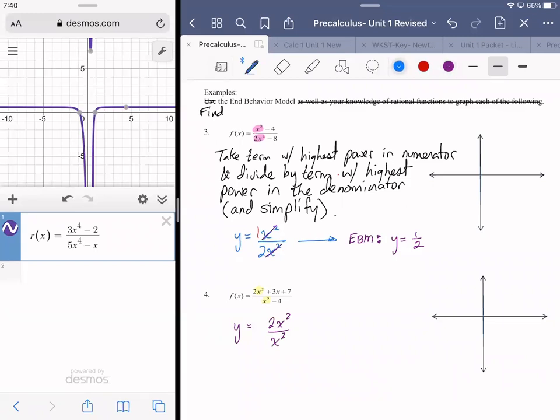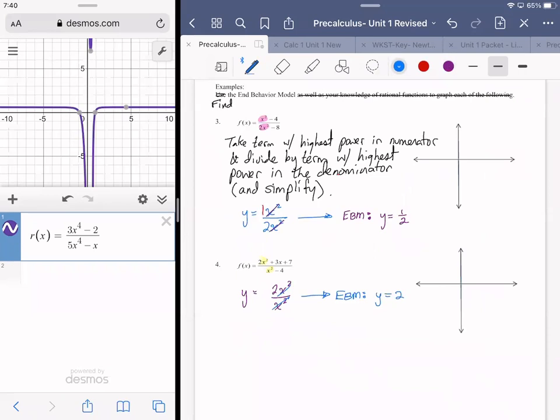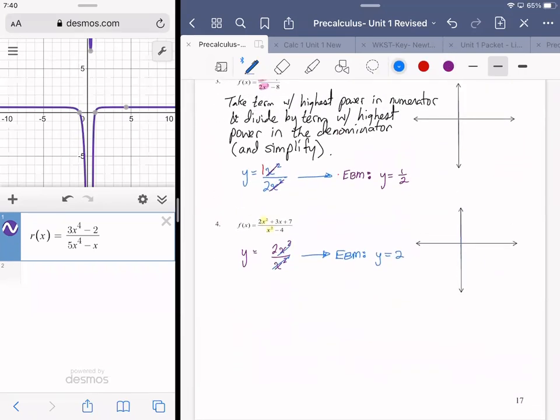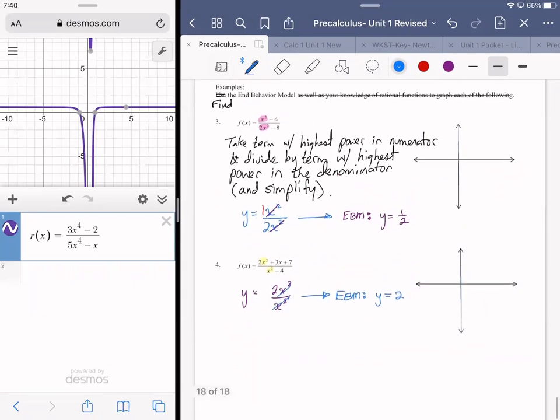Simplify. My EBM here would be y equals 2, because the x squared will cancel away. And that's it. That's all there is for an end behavior model.